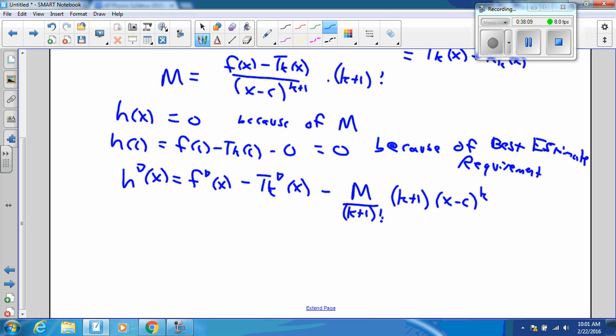And so my function is differentiable because f is differentiable, T_k is differentiable, it's a polynomial, and of course the last term is differentiable also.